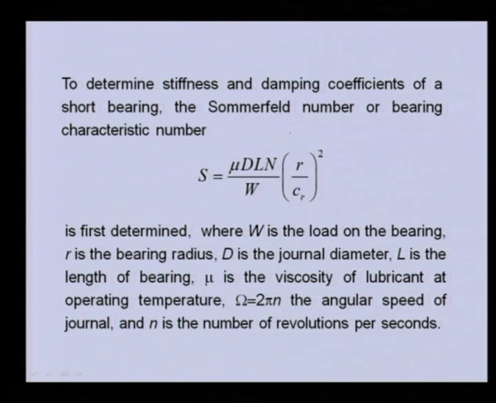This is the radius of the journal, and this is the radial clearance between the journal and the bearing.